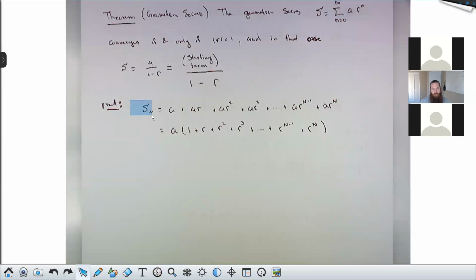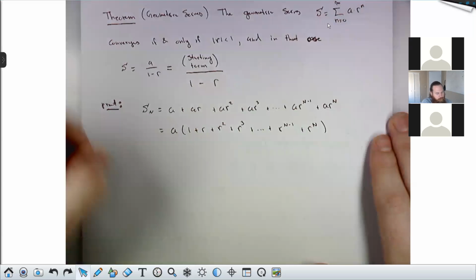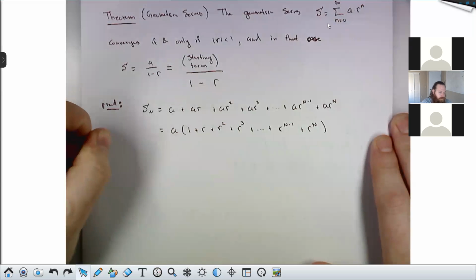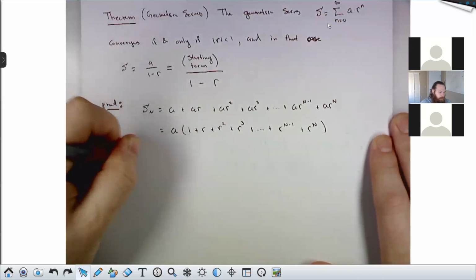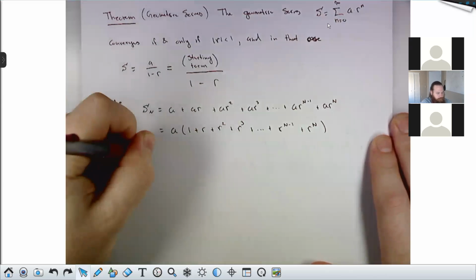So what I'd like to do is take the limit as n goes to infinity of this thing. But as it's written, that's hard to do. I don't really know what this thing looks like as n goes to infinity besides saying it looks like the infinite series S. So first I'm going to do something clever. I'm going to multiply by 1 minus r.